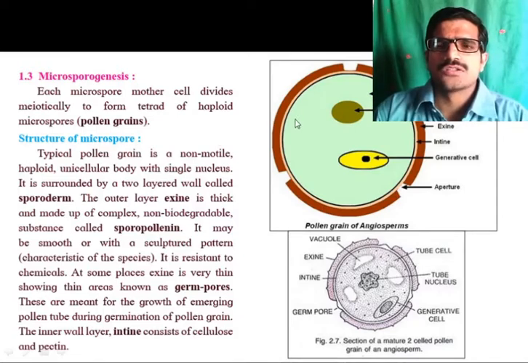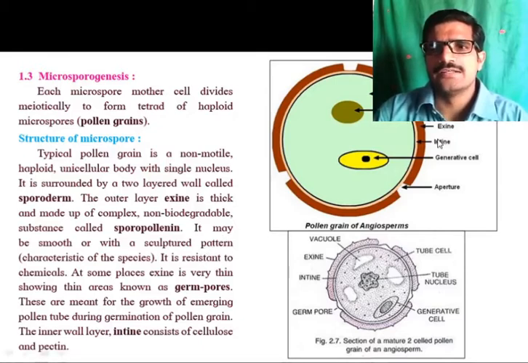If you observe the structure of this microspore or pollen grain, you will find that it is somewhat rounded or spherical in nature. It is non-motile in nature. It cannot move from one place to another place.